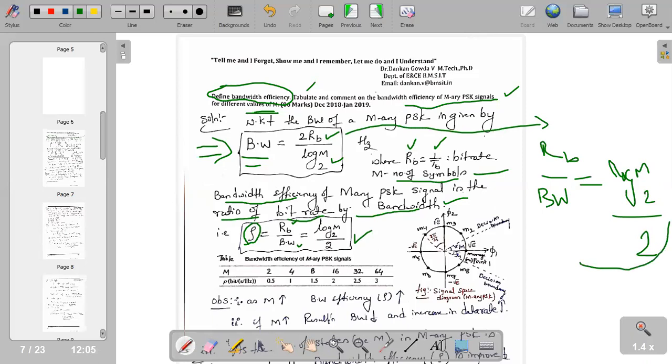So this is the bandwidth efficiency of an M-array PSK.